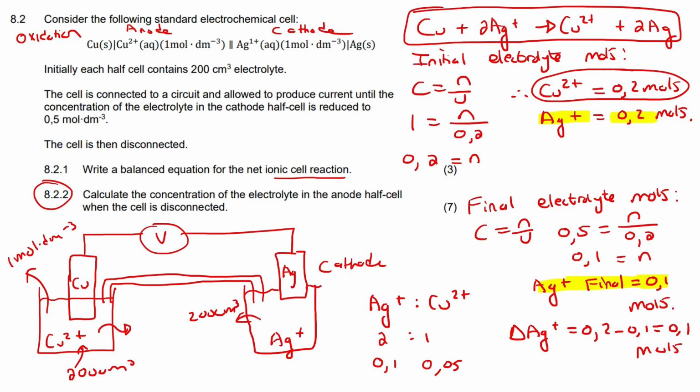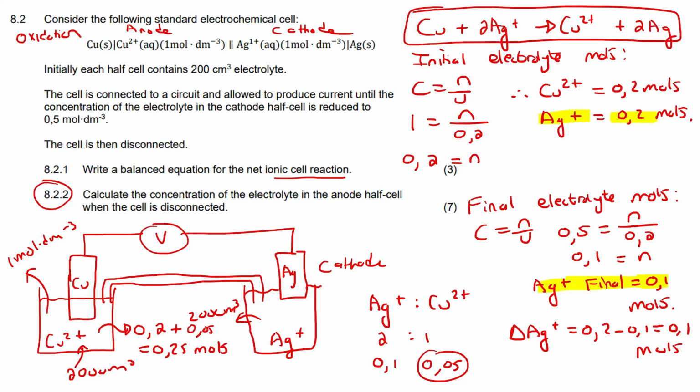Well, now we're going to have the original 0.2, which we worked out over here, plus we've now produced another 0.05 from this reaction that took place, and so that's going to give us 0.25 moles. Now, super easy, we can just go calculate the new concentration in this container, because we now have the moles, which is 0.25, the volume doesn't change, that's still going to be 0.2, and that'll give us, I'm going to write it over here, 1.25 mole per decimeter.